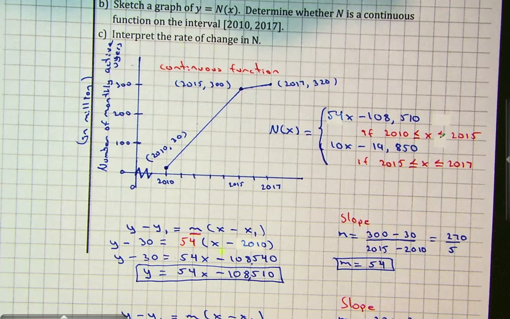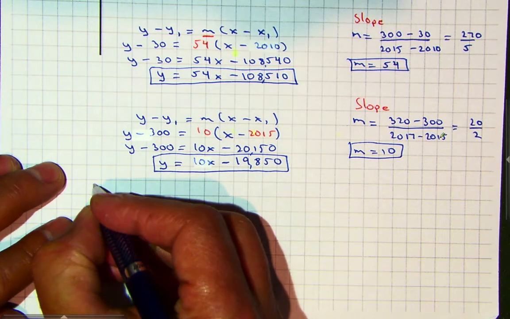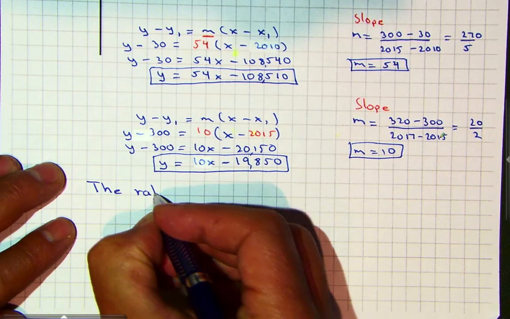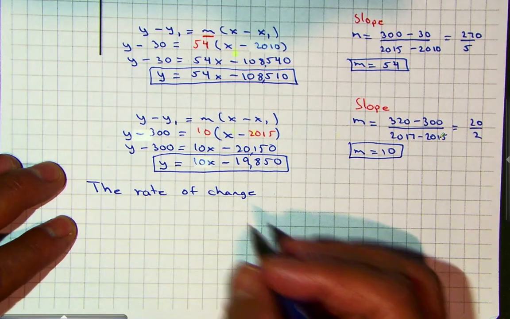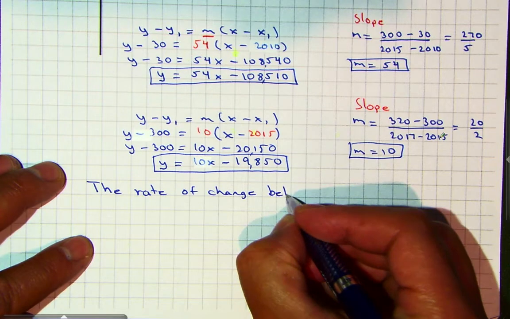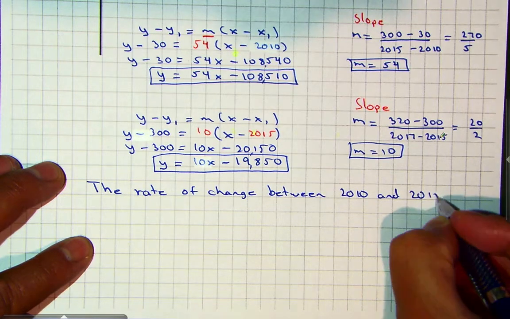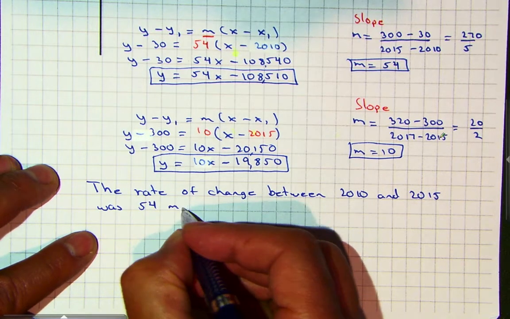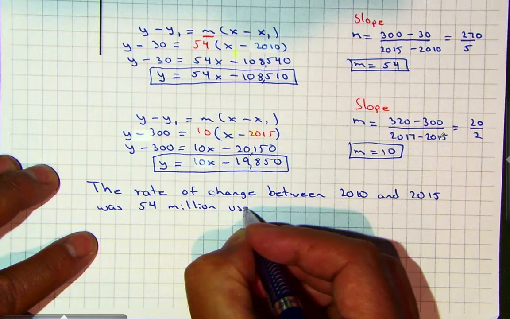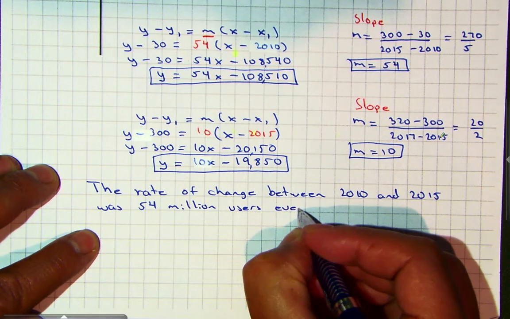Now interpret the rate of change in n. So we're just going to talk about the rate of change, your slope. The rate of change between 2010 and 2015 was 54 million users every year, correct?